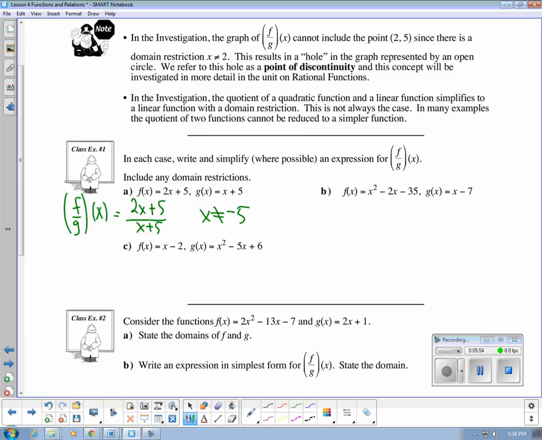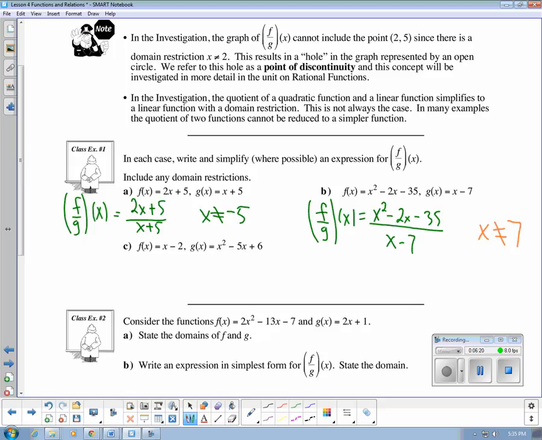So similarly, we'll look at b, where we're building f over g at x. (x squared minus 2x minus 35) over (x minus 7). Right away you can see x cannot be 7. That's my domain restriction, something we're getting used to.